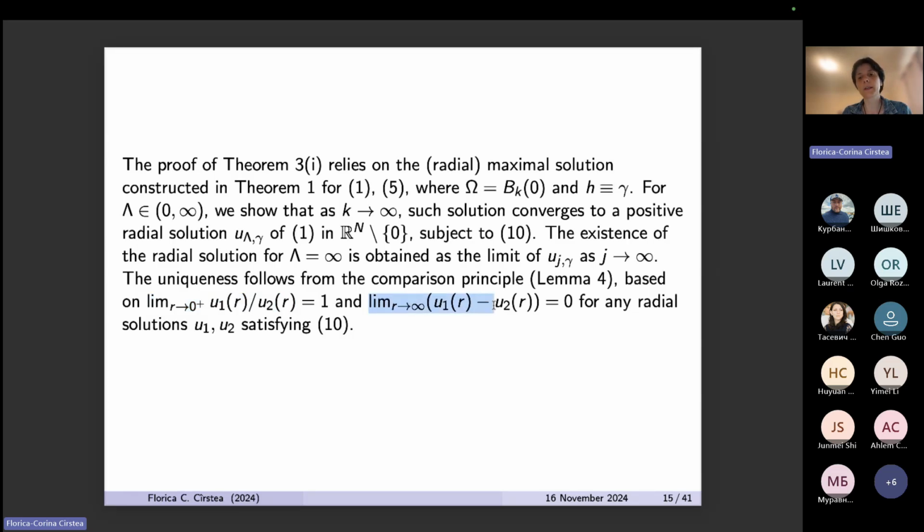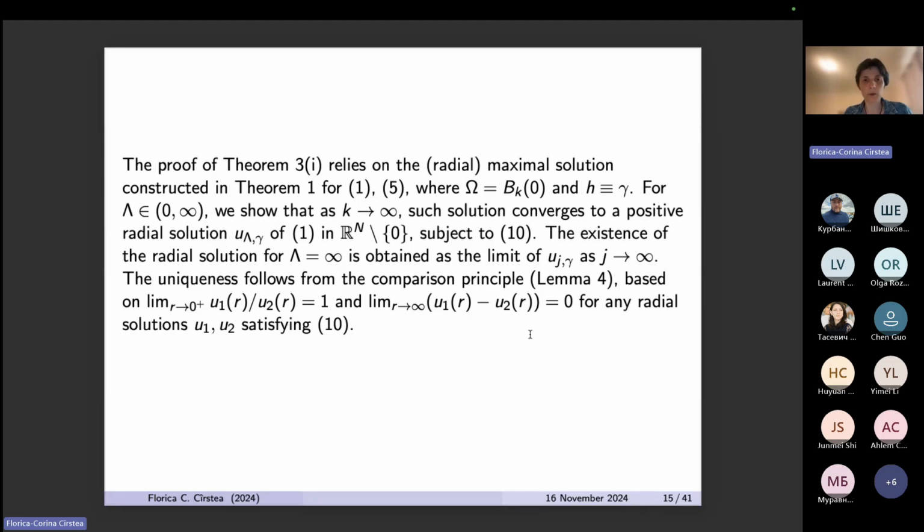The limit of u1 over u2 will be 1 at 0. And at infinity, if they converge to the same constant, the difference will converge to 0. So when you have solutions satisfying the same condition 10, the same asymptotic behavior at 0 and at infinity, then the ratio at 0 converges to 1, and at infinity the difference converges to 0. With this and the comparison principle, we can prove that the solutions have to coincide.